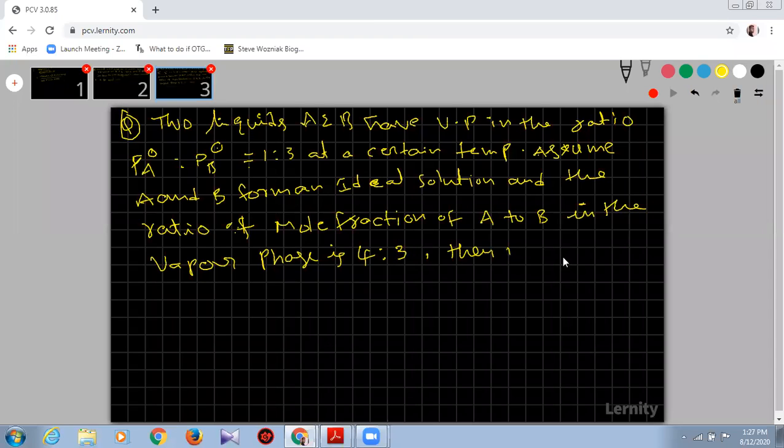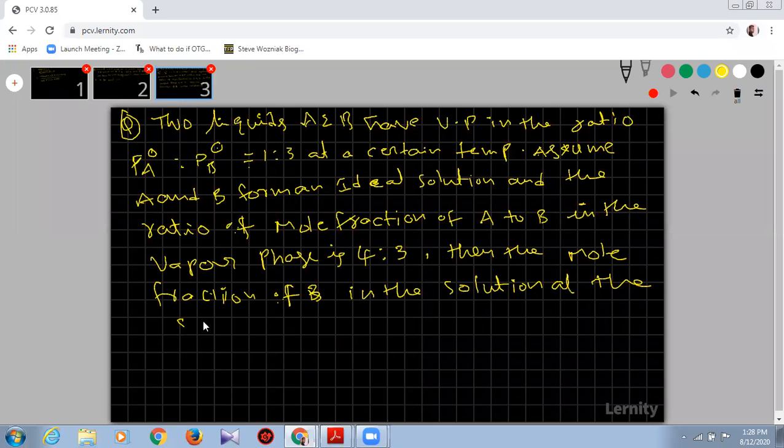Then the mole fraction of B in the solution at the same temperature is what?